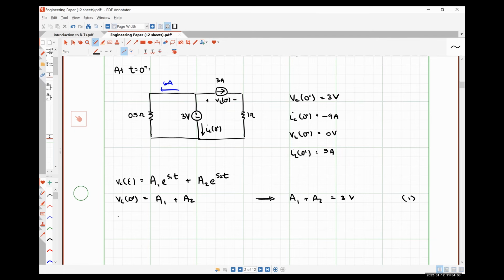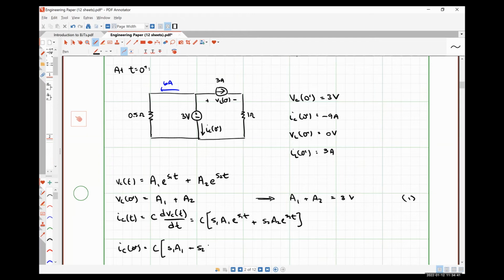We know that our capacitor current, IC of t, will be of the form C dV/dt, which is going to look like C S1 A1 e to the S1 t plus C S2 A2 e to the S2 t. So at t equals 0 plus, this reduces to C S1 A1 plus C S2 A2.